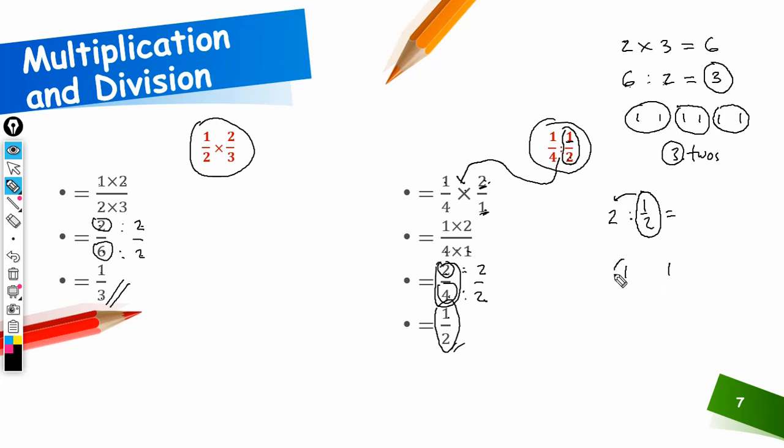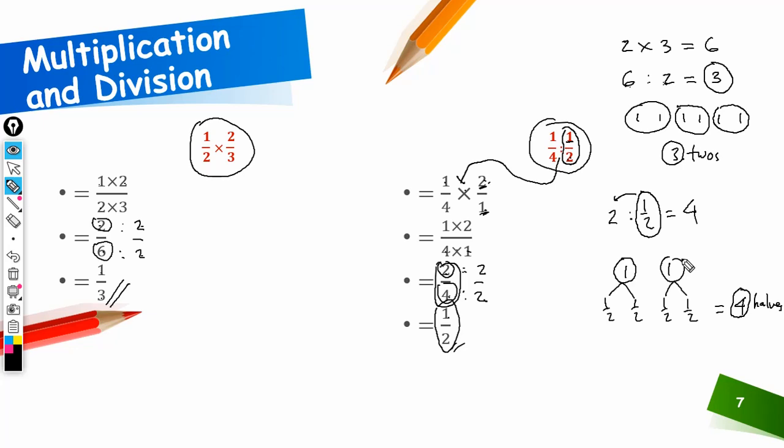Okay, dalam 1 ada 2 setengah, half. And this one also there are 2 half. Okay, so how many halves? There are 4 halves. So the answer is 4.